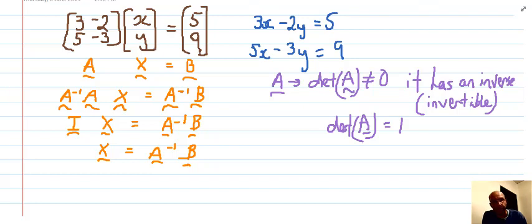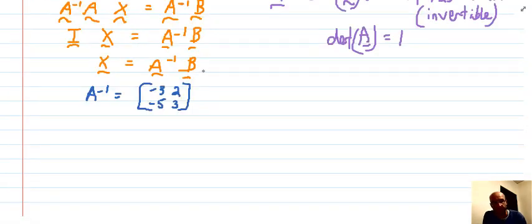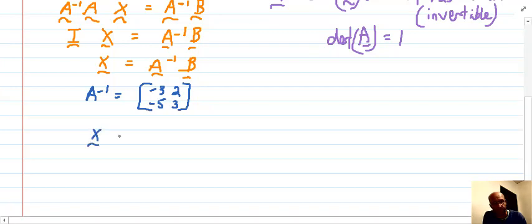And if you do try it yourself, you'll find that to get A inverse, you'll have the matrix -3, 2, -5, 3. Again, you can verify that yourself. So using the last result there in orange, to get X, we need to pre-multiply B by A inverse.